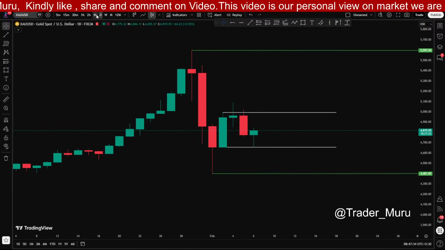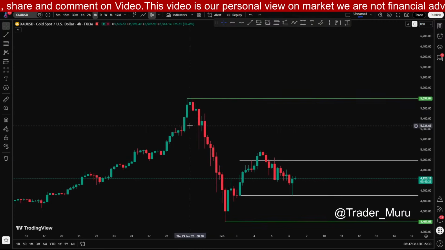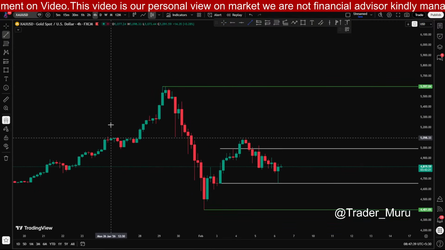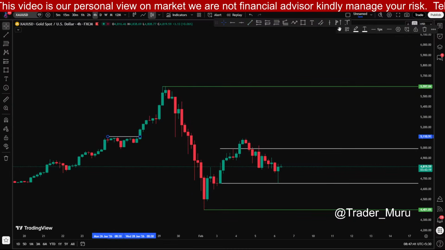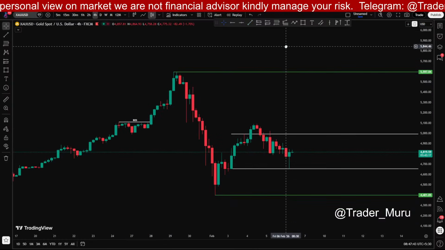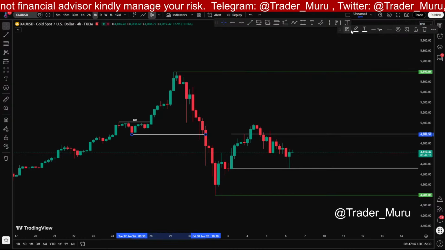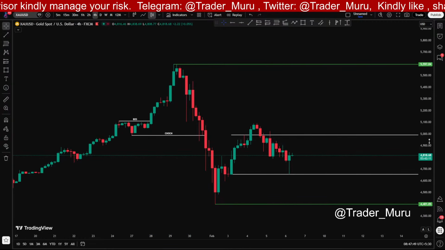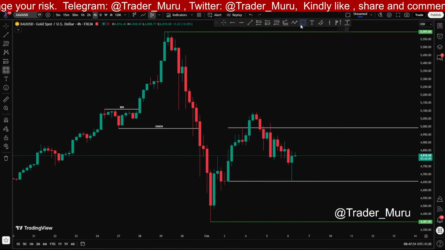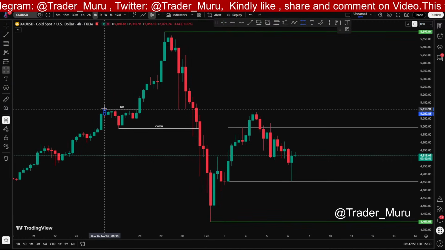Now let's see the smaller time frame. In the 4-hour time frame we have this breakout structure. Then we have this change of character, and price is rejecting from QML.